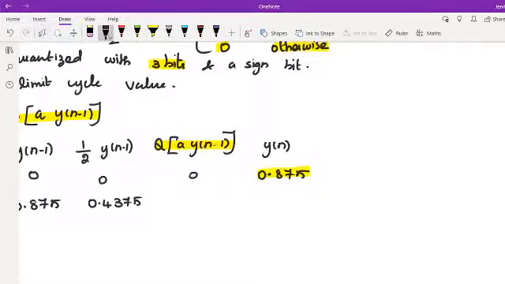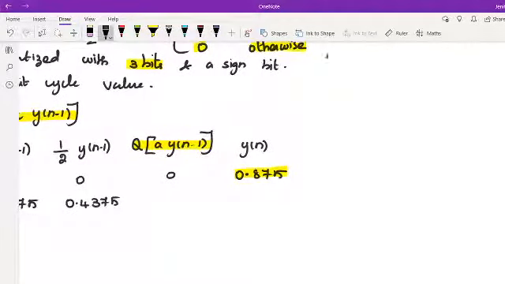So now I am going to select, I am doing it parallelly here. I am having 0.4375.